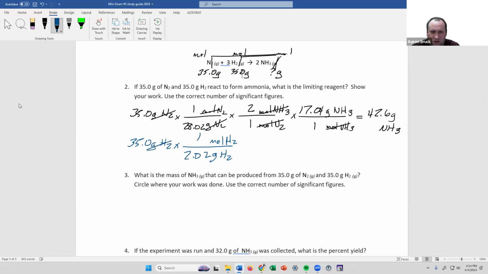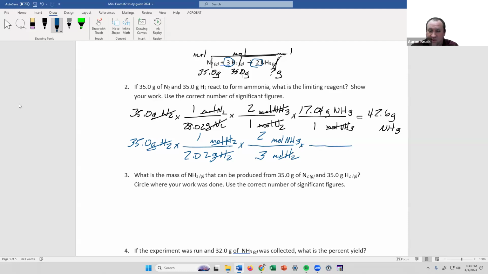My grams of hydrogen cancel. My next step would be to convert the moles of hydrogen into moles of ammonia. Again, the balanced chemical equation is going to pull that for us. 3 hydrogen and 2 ammonia. My moles of hydrogen cancel.